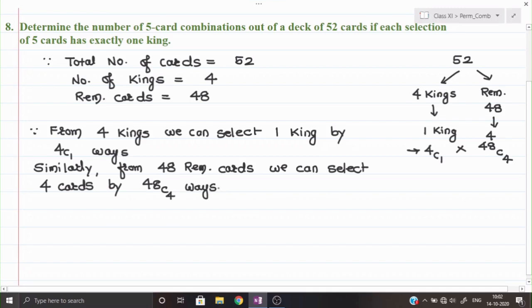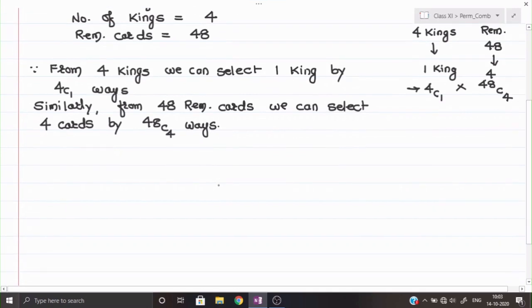So what will be the total number of ways? Therefore the total number of ways will be equal to 4C1 into 48C4. This will be your answer.